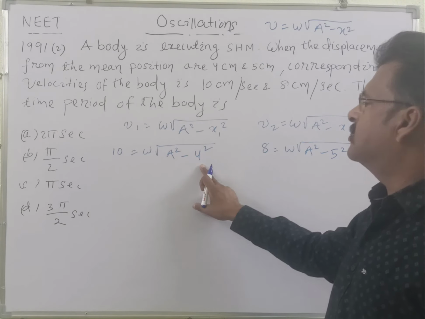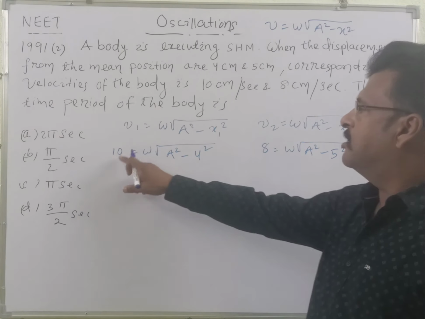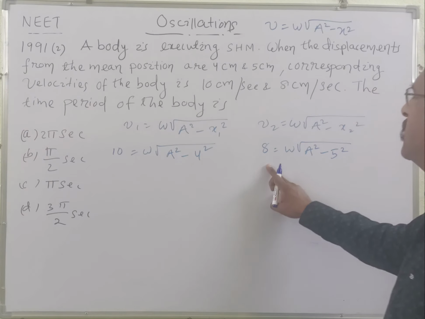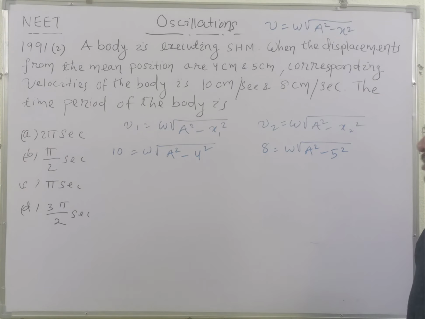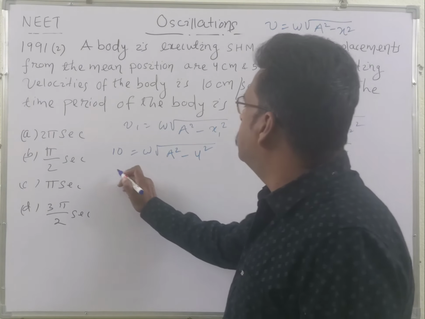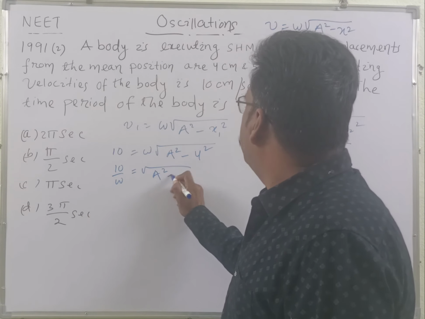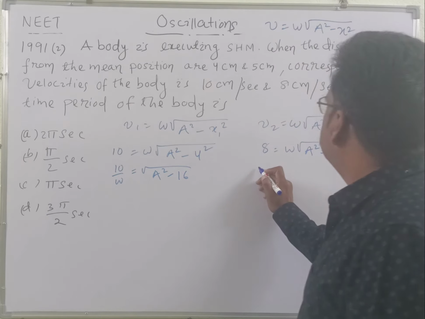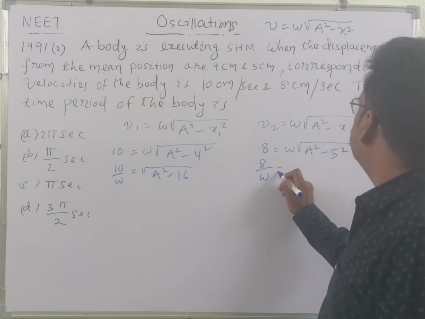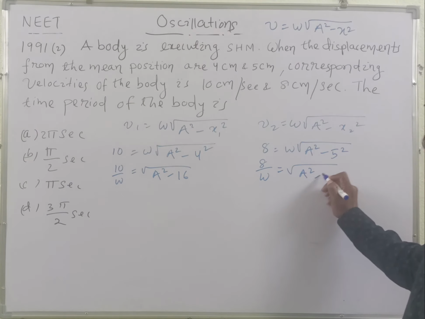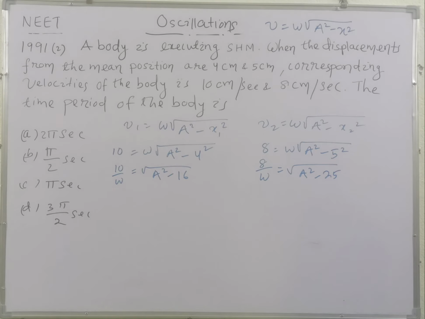In the first case, the displacement is 4 cm and the velocity is 10 cm per second. In the second case, the displacement is 5 cm and the velocity is 8 cm per second. Then we can write this as 10 by omega is equal to root over a square minus 16, and 8 by omega is equal to root over a square minus 25. Okay, student, is it clear?